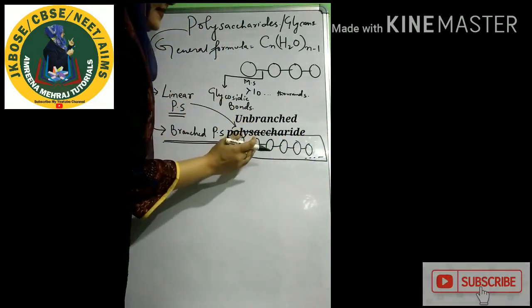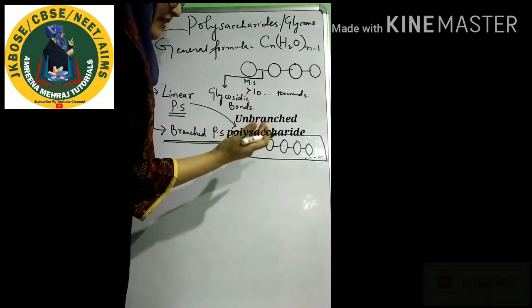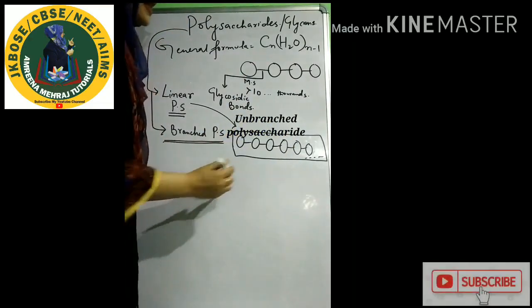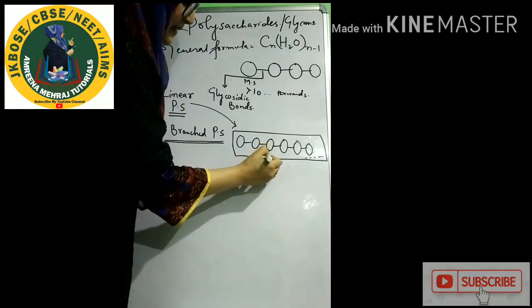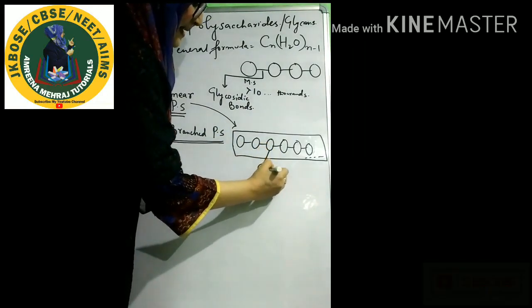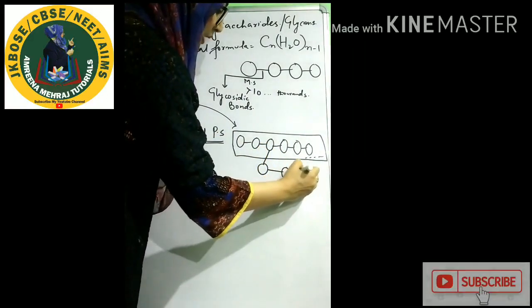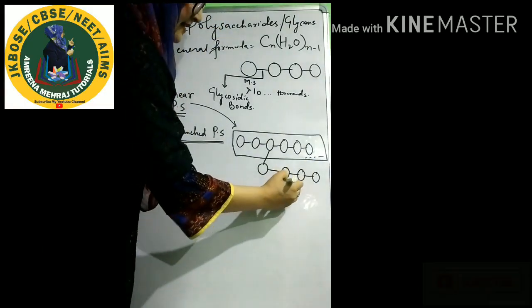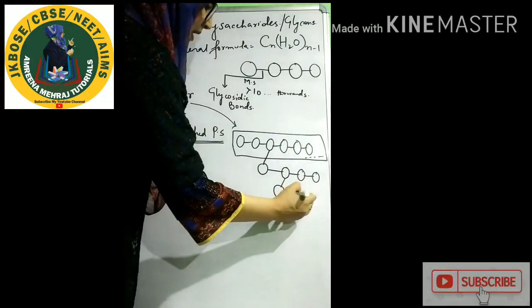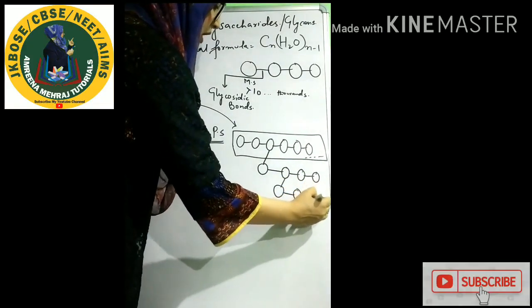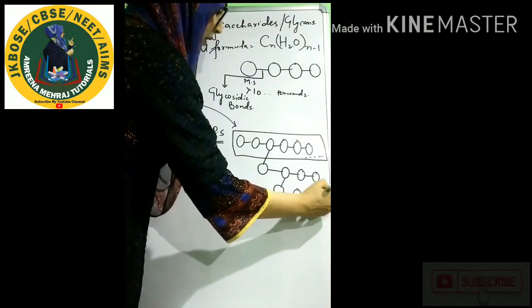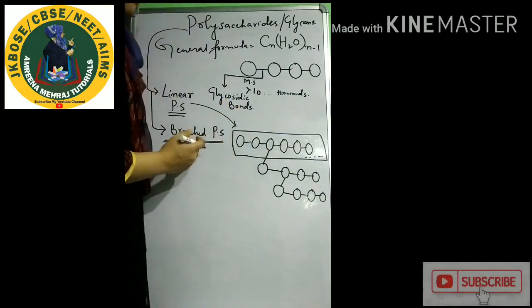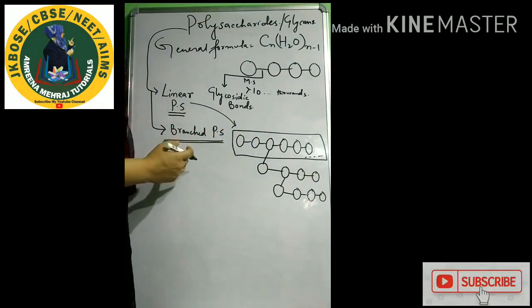But if in the same polysaccharide, you find that at different places, suppose over here, it's branching out, and at that point another chain is getting attached to it. Say for example, at this place, it's again branching out and another chain of sugars is getting attached to it. Now what has happened basically?